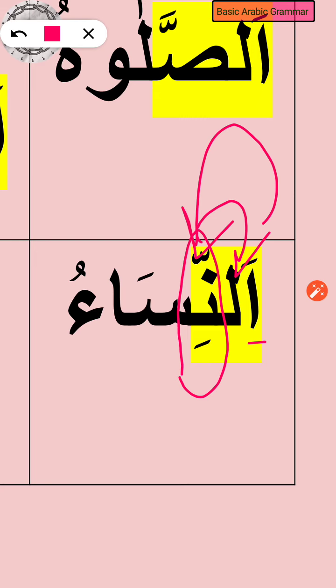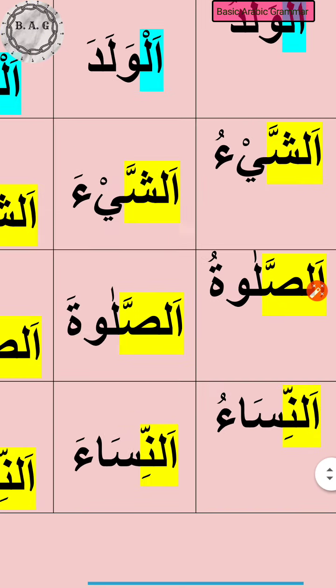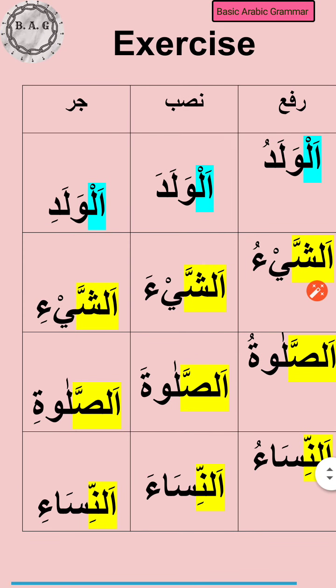So we have an-nisa'u and not al-nisa. Here in Pakistan, a lot of people say Al Nisa. No, it's not Al Nisa, it's An Nisa. Similarly, An Nisa'a, An Nisa'i. So we have An Nisa'u, An Nisa'a, and An Nisa'i. The women, the women, the women. The meaning remains the same. It's only the change in the Arabic form.